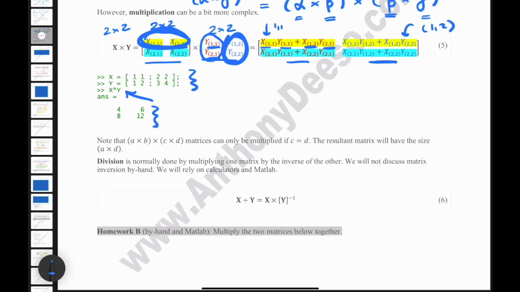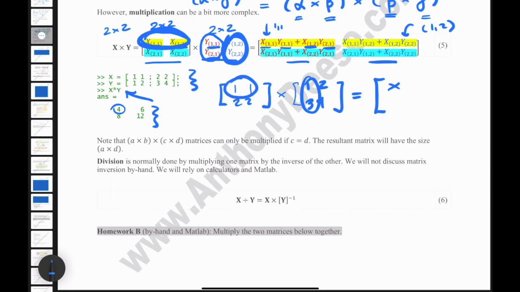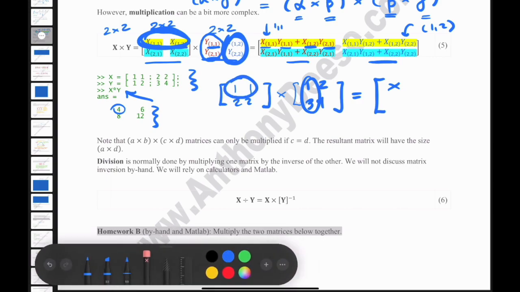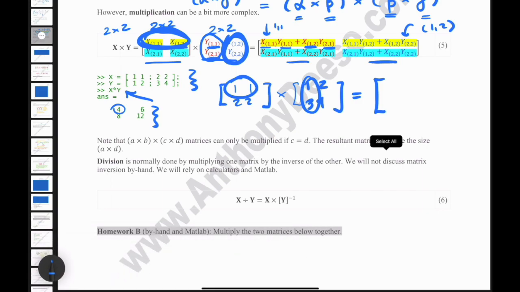Let's try coming up with one of these values on our own, however. So we have 1, 1, 2, 2 times 1, 2, 3, 4. What is that going to give us? For the top left element right here, it's going to be this column times this vector. So that is going to give us 1 times 1 plus 3 times 1.